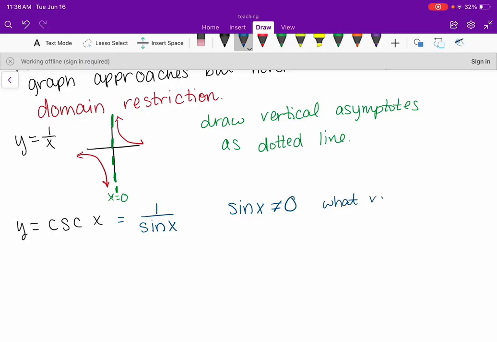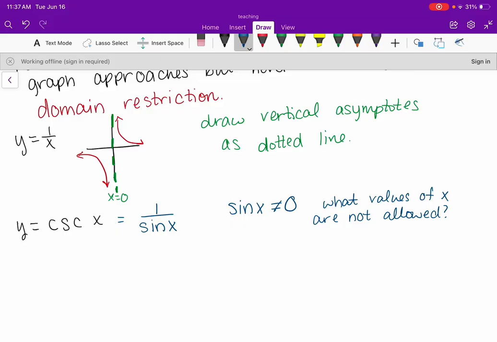So then I'm going to ask what values of x are not allowed. So if sine is not allowed to equal 0, I want to know what x values would you plug into this where sine would equal 0, because that's what we don't want to allow.